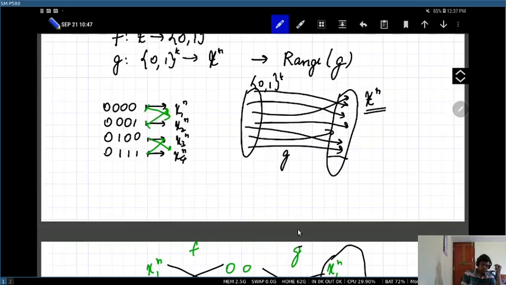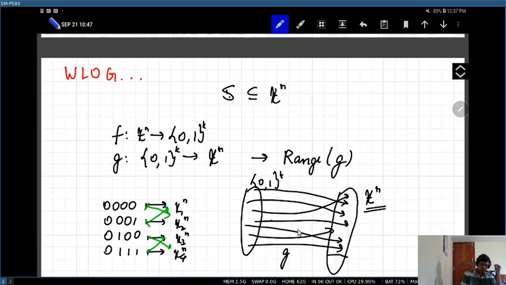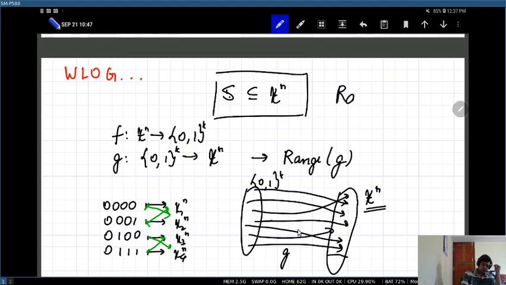So in some sense, the entire compression algorithm can be described by the range of G, right? Any good compression algorithm can be described by this set, the script S, which is a subset of script X to the n.